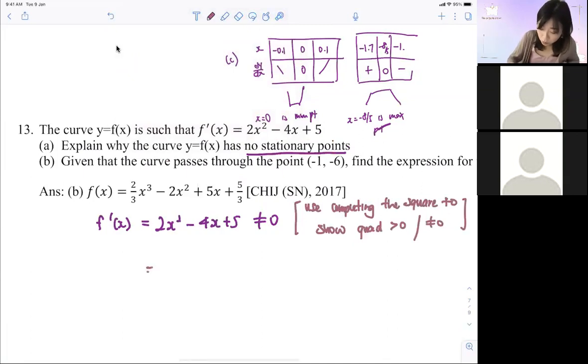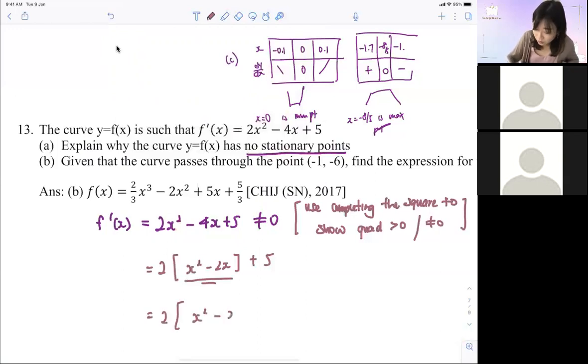Okay, so now we must do complete the square. When you do complete the square, first term must be 1x squared. So you take out the 2. 5 is useless, just put outside. Then you do completing the square for the inner bracket. So just copy the whole thing, plus b over 2 square minus b over 2 square.